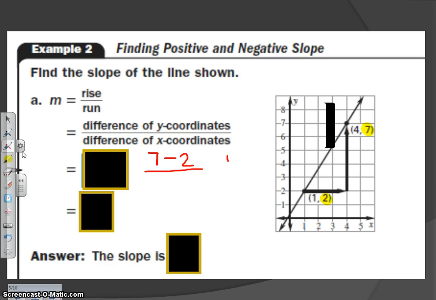Again, these are my y's over my x's. Here's the important part. When you do your x, you want to pick the number that belongs with the 7, and that number is 4. Subtract the number that belongs with the 2, the 1. You can see 1, 2 is an ordered pair, and 4, 7 is an ordered pair.